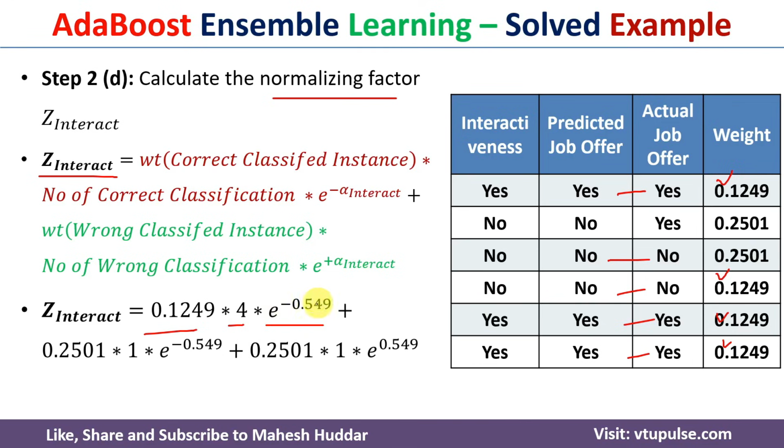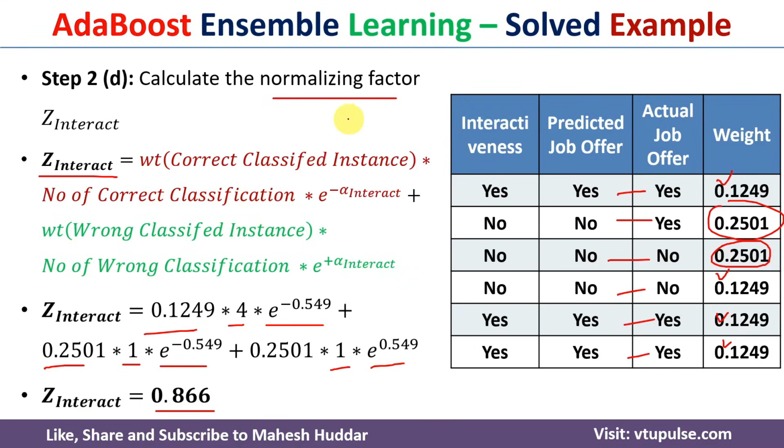Again, it is a correct classification, but the weight is different here, so that's the reason I have taken it one more time: one correct classification, e raised to minus the weight for the weak classifier. Next, this is the incorrect classification. Its weight multiplied by 1 e raised to plus the weight of the weak classifier in this case, which we have already calculated in the previous slide. Once you put all these things together, you will get 0.866 as the normalized factor in this case.